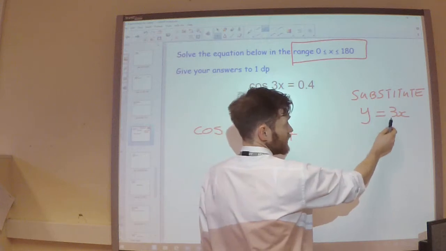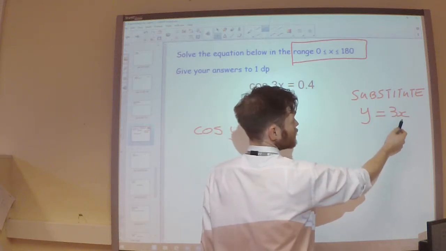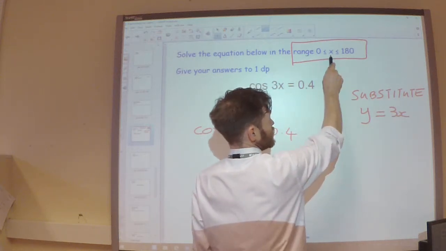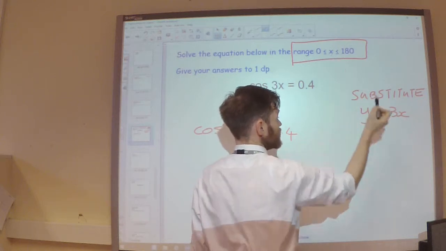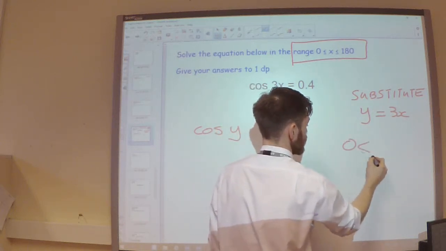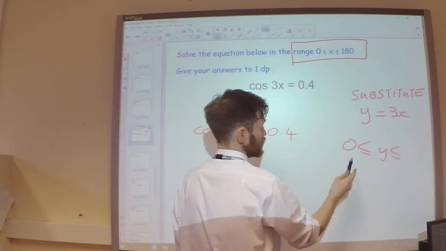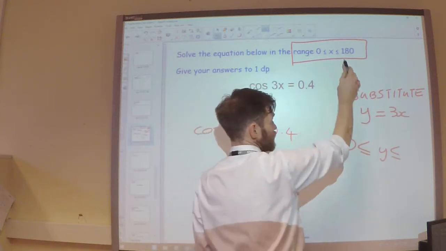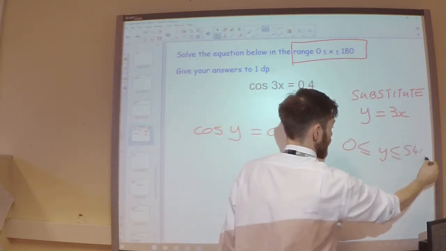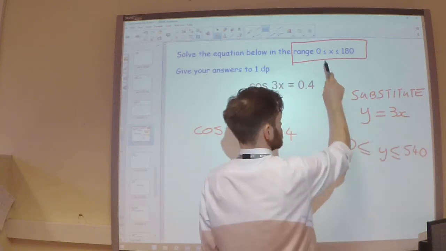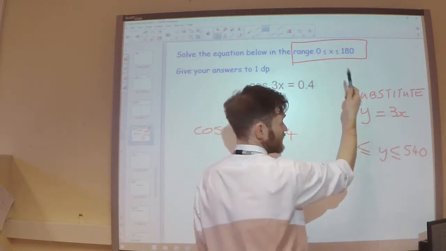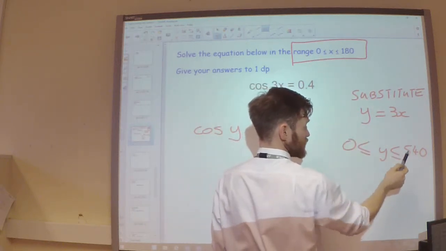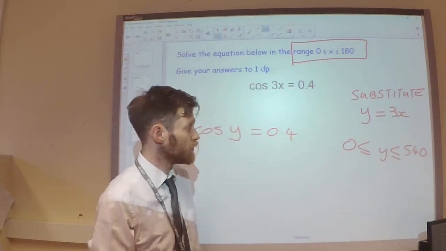So y is equal to 3x, so I will have 3 of these. So my new range will be between 0 and 540. Because 0 times 3 is 0, and 180 times 3 is 540.